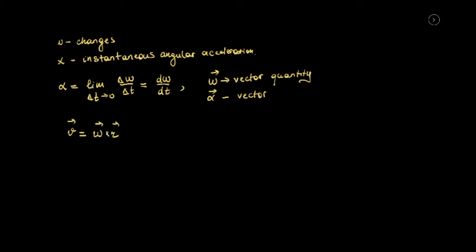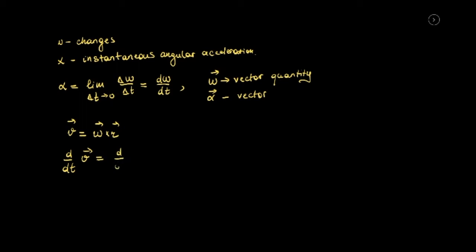The tangential velocity of the particle in a circular motion is the vector product of the angular velocity with this radius vector.